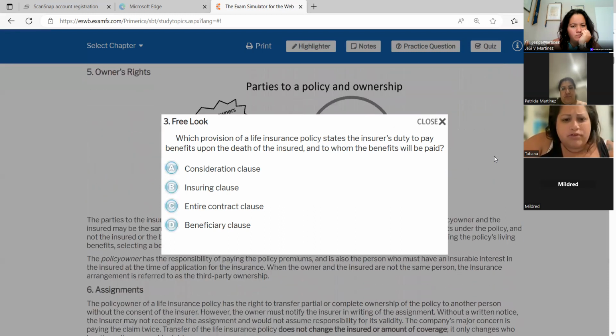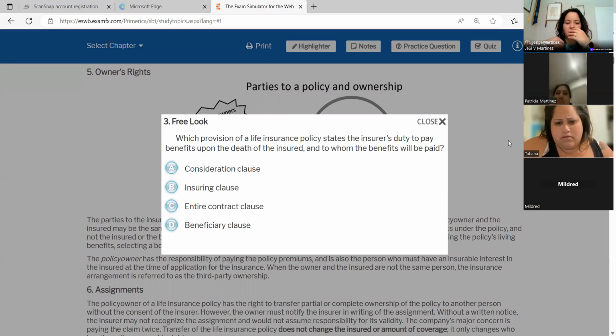I don't remember what the insurance clause was. I don't think it's in there, and the entire contract clause is another one that's not there. So consideration, and we saw it in chapter 2 as well, is I pay your premium, you give me a death benefit, right?